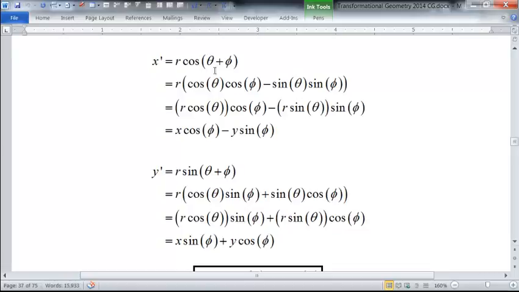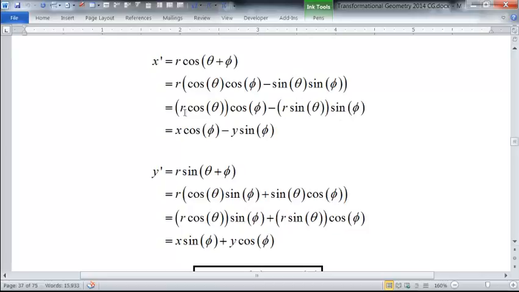Now, we're going to use an identity. This is an important identity from trigonometry, and you can see a proof of this in my trigonometry ultimate sketch. But cosine of theta plus phi is cosine theta cosine phi minus sine theta sine phi. We're going to distribute the r, and so we get r cosine theta times cosine phi minus r sine theta times sine of phi.